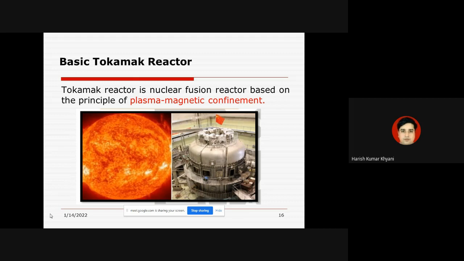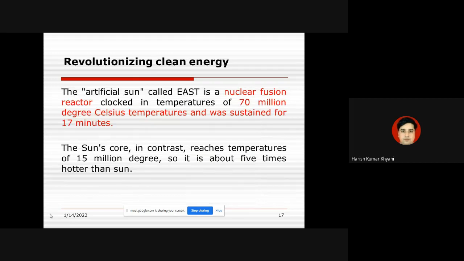So two types of confinement techniques are basically used to confine the plasma, where number one is magnetic confinement and second is inertial confinement. So right now we'll focus on the magnetic confinement. As far as magnetic confinement is concerned, we know that charged particles find it very difficult to escape from the magnetic field. So this technology is used in the Tokamak reactor.